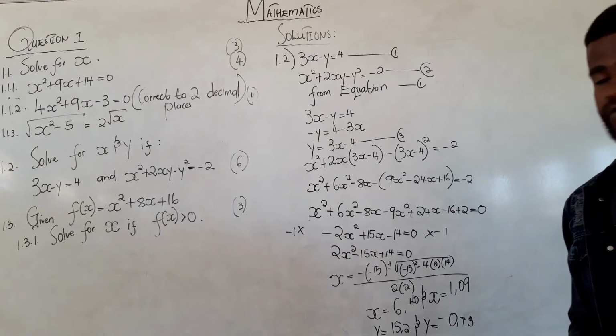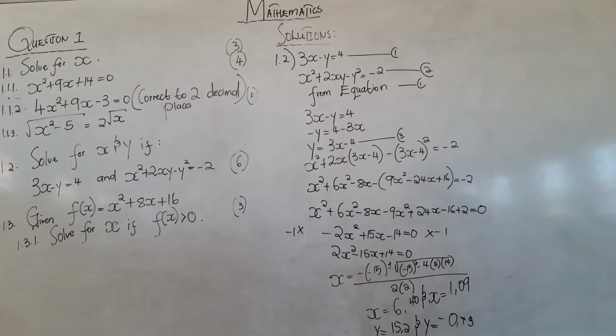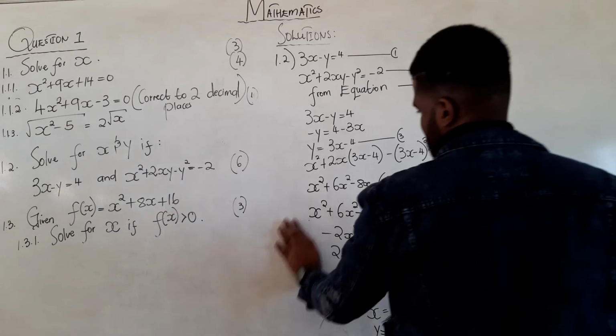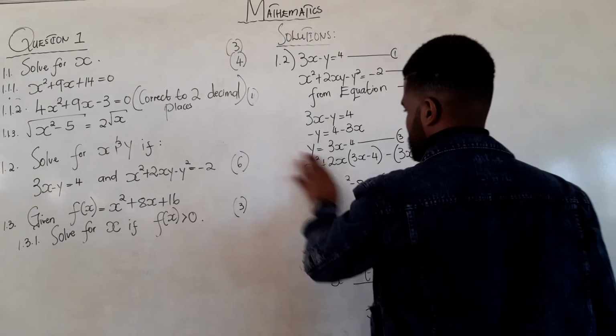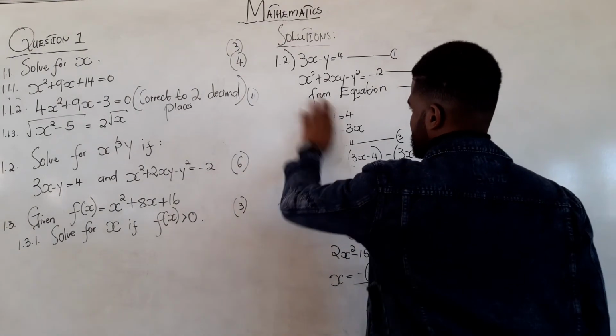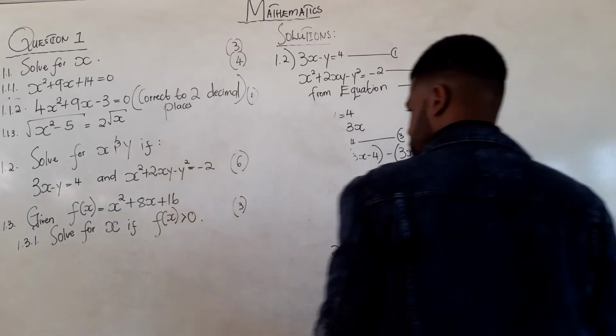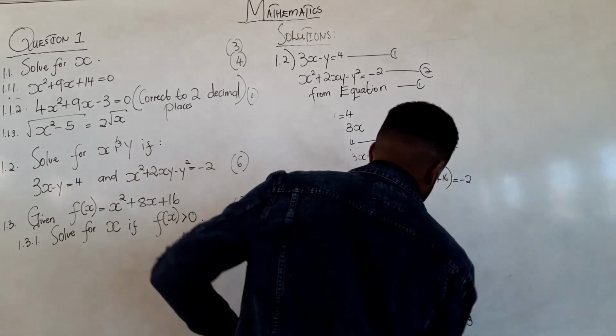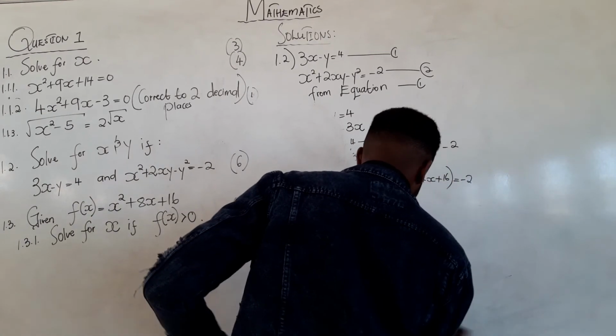And lastly, the last question says, given f of x is equal to x squared plus 8x plus 16, solve for x if f of x is greater than 0. Now, this is an inequality, which is solved for x in a different format.